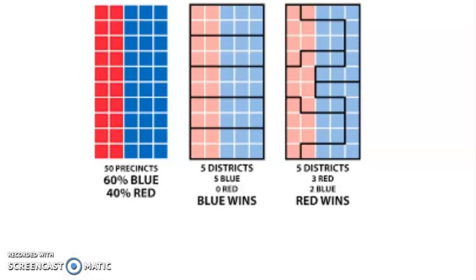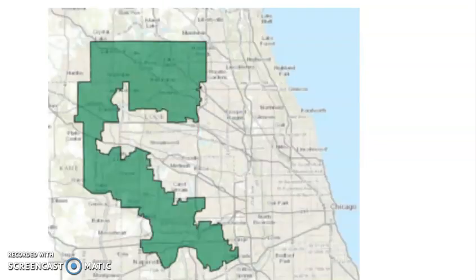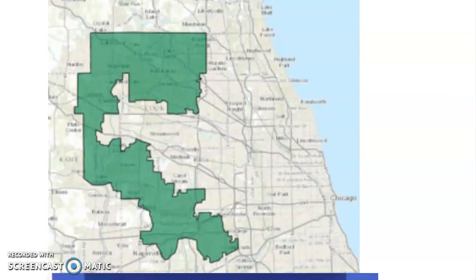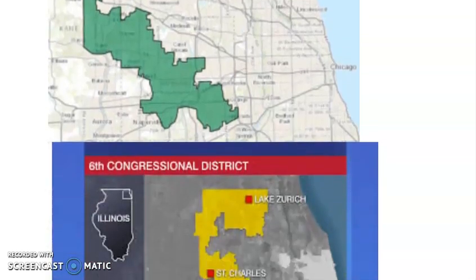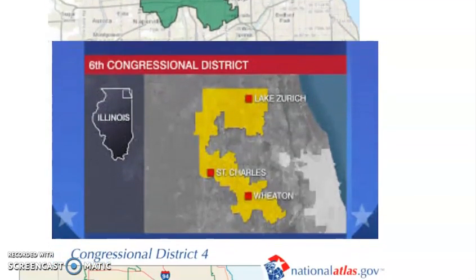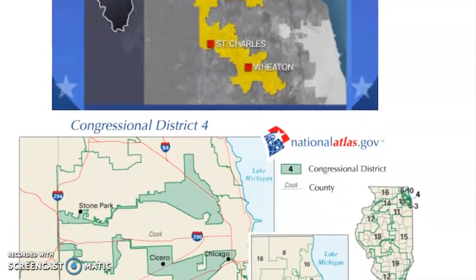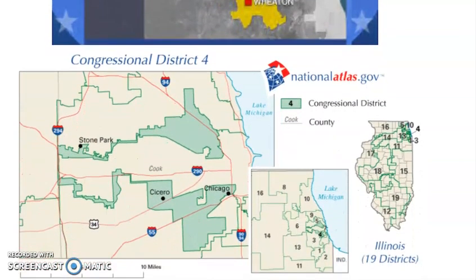And even in Illinois, we have very bizarrely drawn district lines. So this right here is the district that I personally live in. But there are some very strangely shaped congressional districts, even in our state of Illinois.